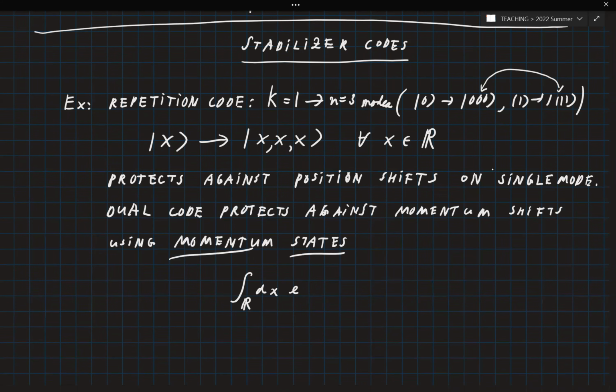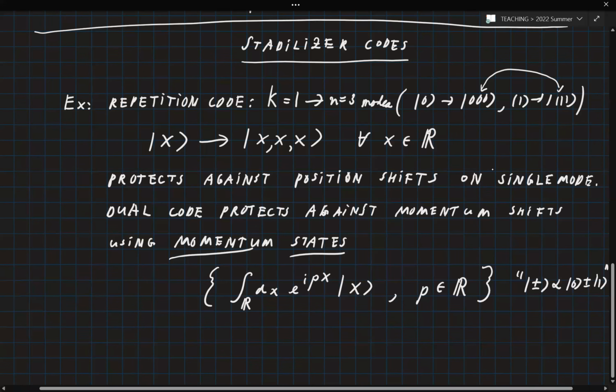These are equal amplitude superpositions of position states. For now, the momentum P being in R. And I want you to think of these as the oscillator or mode analog of the plus-minus basis, which is an equal amplitude superposition of states in the qubit case.